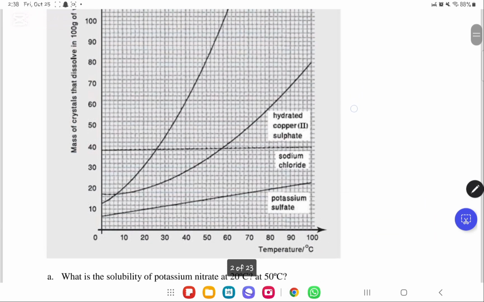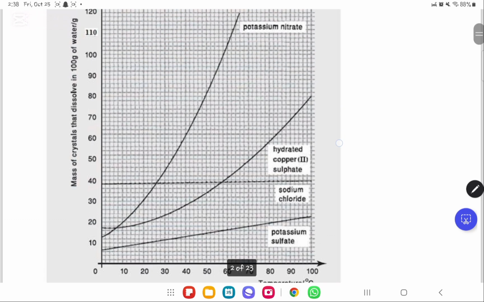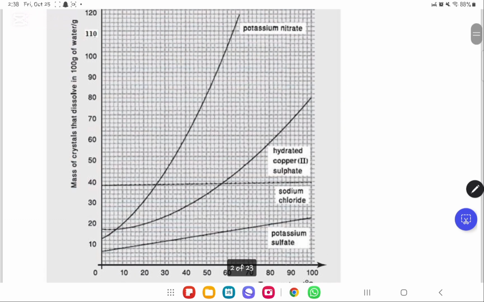So let's go up. We need the solubility of potassium nitrate at 20 degrees Celsius. Here's our temperature, 20 degrees Celsius. We're going to take it to the potassium nitrate curve, and we find that it is almost 30 grams. But this is the mass of the solute. We said the rule for solubility is solute over solvent.